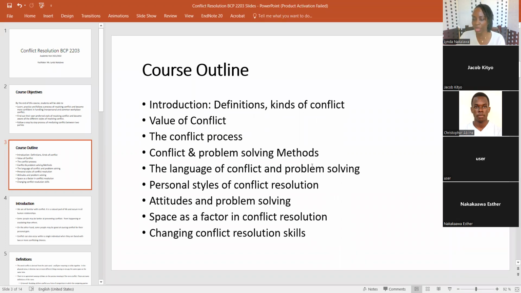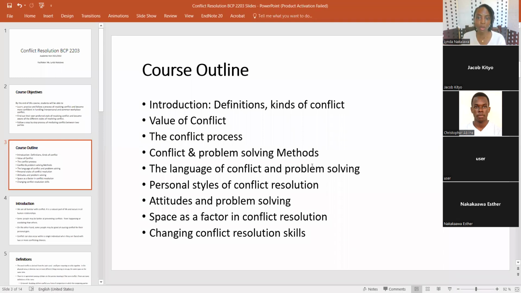And as we look at the different definitions of conflict, we shall also look at different kinds of conflict, not only from the psychological point of view, but there are different classifications. You remember that word from your O-level biology?